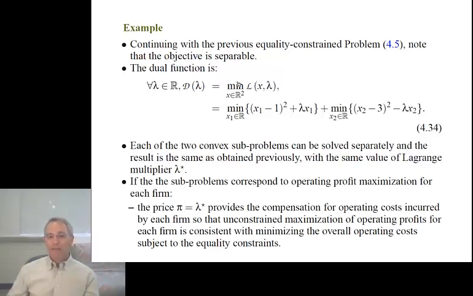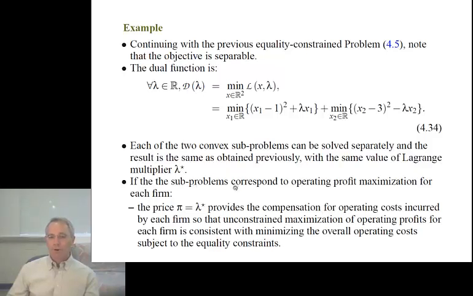We can separate the minimum of the Lagrangian into the sum of the minimization over x1 plus the minimization over x2. Each of these 2 problems is convex. They can be solved separately for a given lambda, and the result will end up being the same as obtained previously, with the same value of Lagrange multiplier when I maximize the dual over values of lambda.